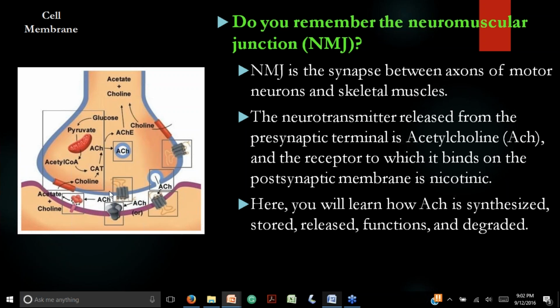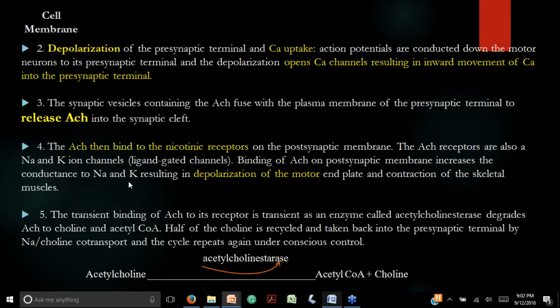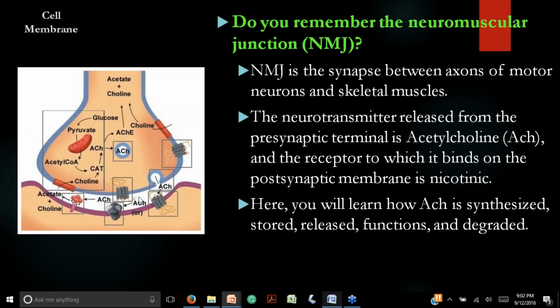So in this case, the acetylcholine is going to suffer the effect of the acetylcholinesterase. The acetylcholinesterase is going to destroy part of the acetylcholine, so not all the acetylcholine is going to pass to the next cell.